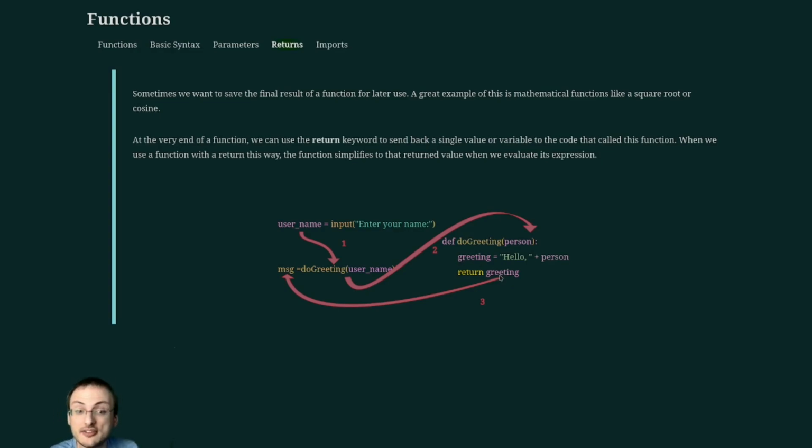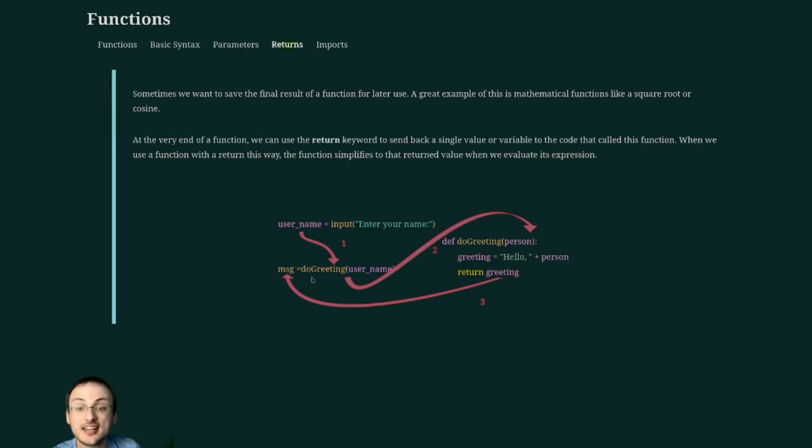Once we get to the end of the function, this greeting gets copied back, replaces this entire thing, because remember, we said you can use a function anywhere you could use any expression, and this function's expression, that final simplified result of it, becomes that greeting text that was in that variable.